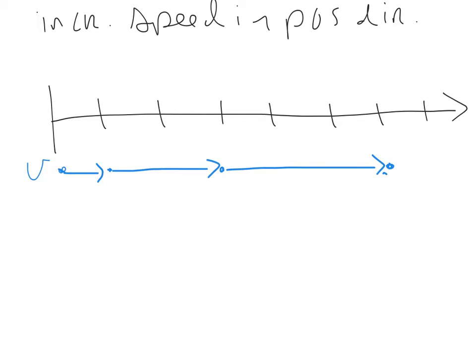My velocity, and it might actually be easier to put numbers with this. So let's start at 0 meters. We'll say this is 1, 2, 3, 4, 5, 6, 7. The object began moving at 1 meter per second, and then it moved 2 meters per second, and then it moved 3 meters per second.